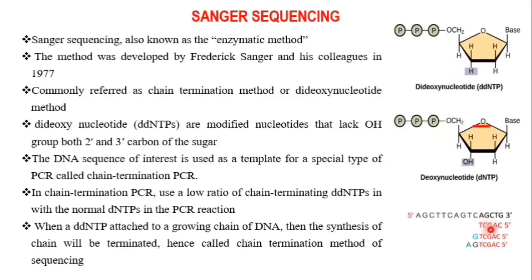Here you can see, for example, this is our template DNA, and this is the primer. When we add the normal deoxynucleotides and a ddNTP mixture, and this abnormal nucleotide, the dideoxynucleotide, is attached to the primer, it does not have any 3' OH group, so the coming nucleotide cannot join with this.